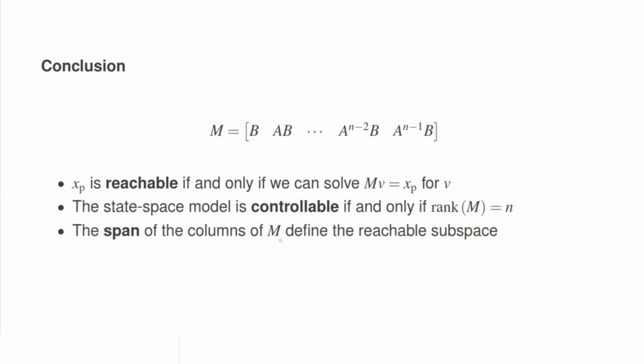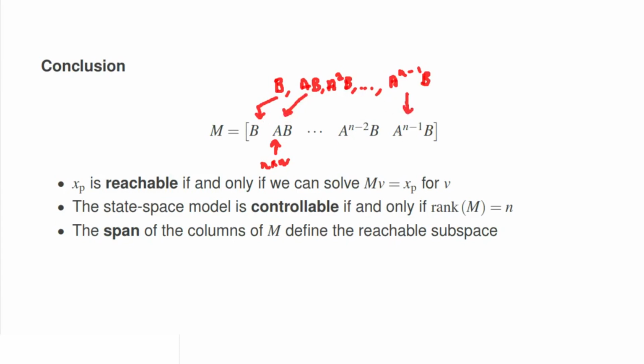In order to test for reachability and controllability, we introduced the controllability matrix. If we assume that the matrix A is n by n, this matrix was constructed by building the sequence B, AB, A squared B, and so on, raising A to higher and higher powers until we arrived at A to the n minus 1 B. We then built the matrix by taking the terms in this sequence and slotting them into the columns of the matrix as shown.